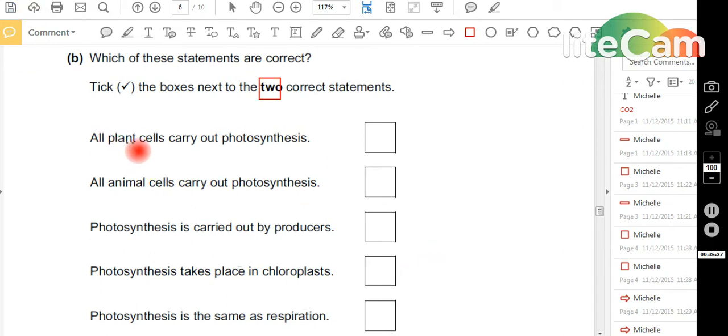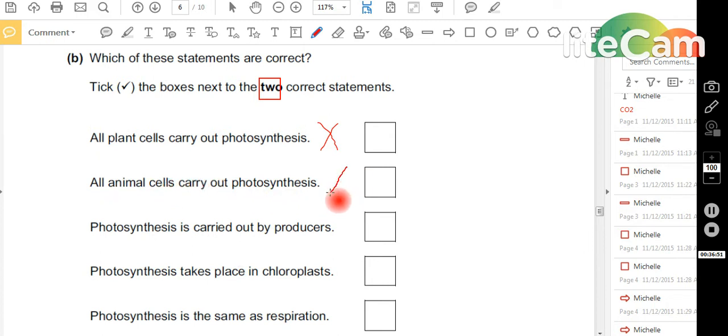Okay, all plant cells carry out photosynthesis. Is that correct? No, because roots can't photosynthesize, they never see the sun. Okay, all animal cells carry out photosynthesis. Is that correct?